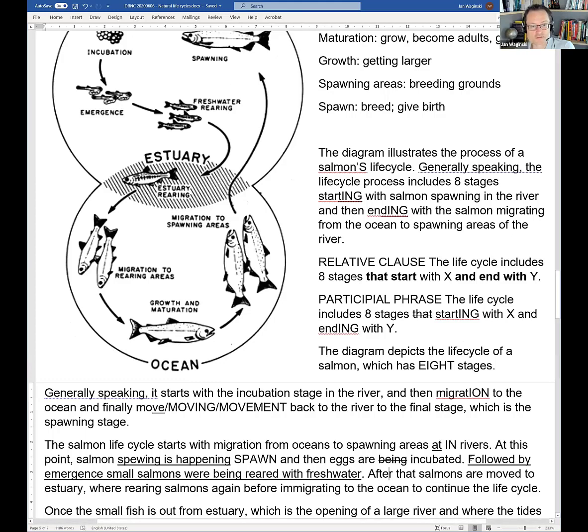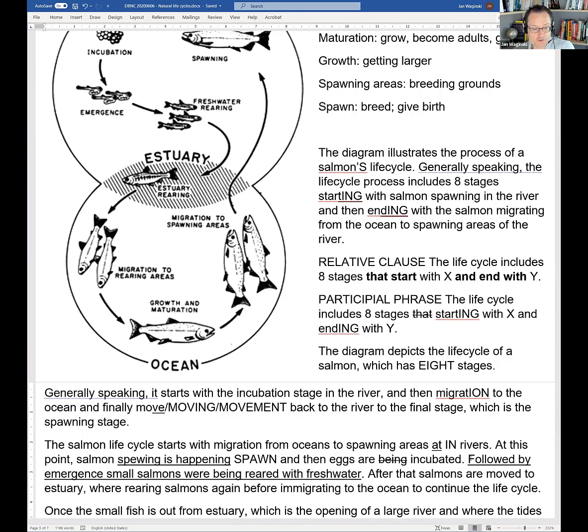What does emergence mean? What does emerge mean? Like evolve? You'd say that the chick emerged from the egg. In the spring, bears emerge from their hibernation.